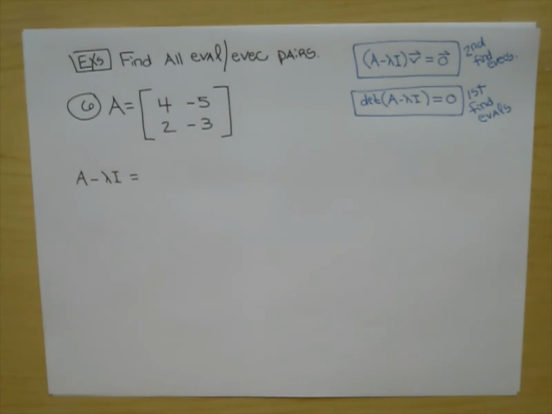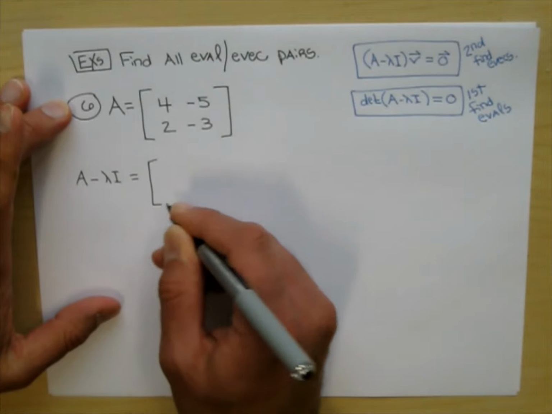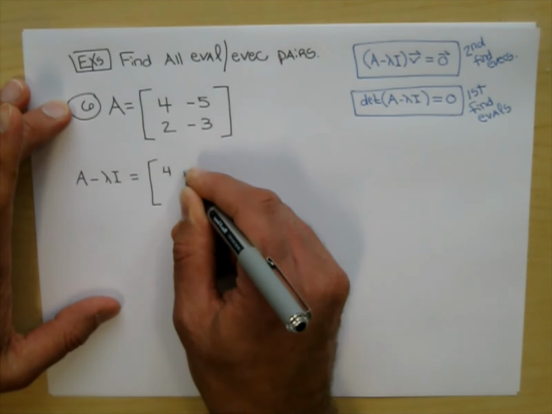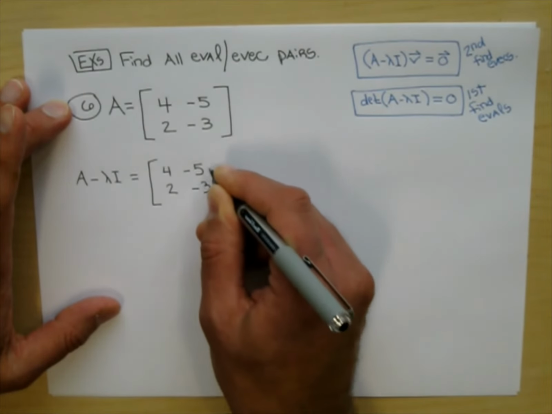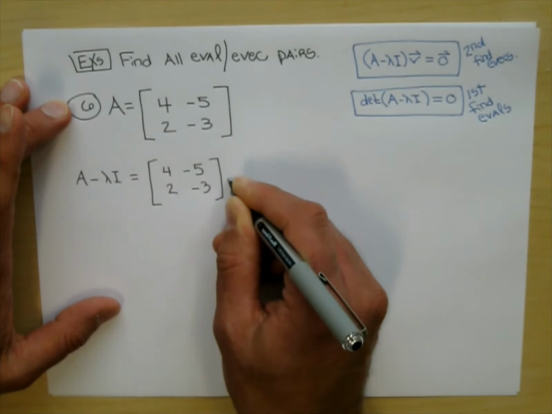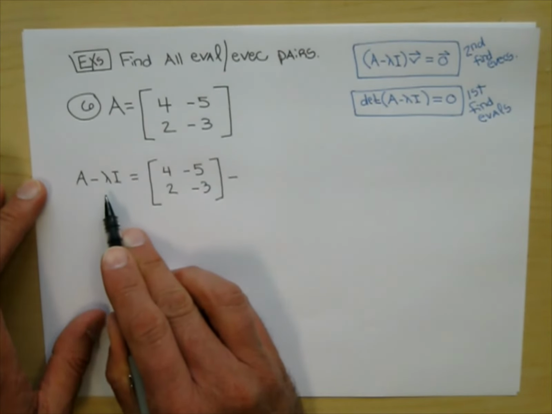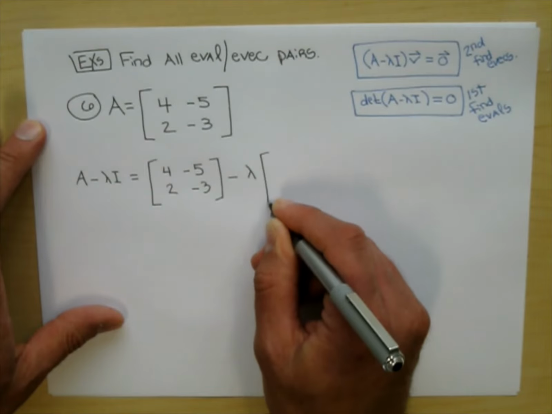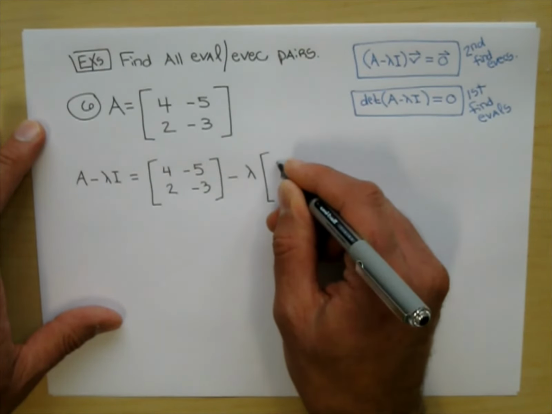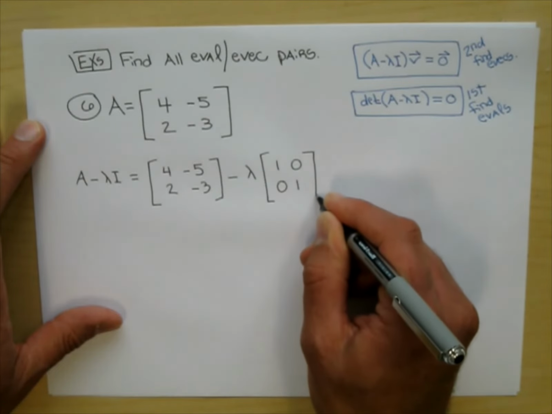Well, what are we going to do with that? A is this guy right here: 4, negative 5, 2, negative 3. Then I have minus lambda. Now I don't know what lambda is, and I'm just going to keep it like that. Lambda times the identity for 2 by 2 matrices.